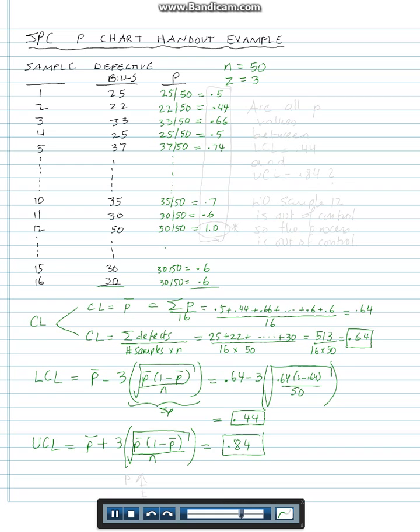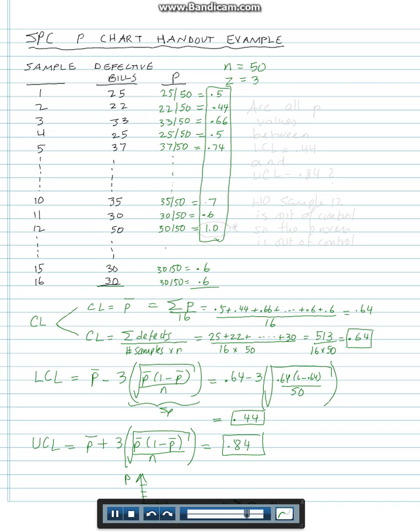Is this process in control or not? If we were to graph, on the x-axis we have 16 samples, so we will go from 1 through 16, and on the y-axis we have the P. We will draw CL, LCL, UCL of the P chart, and we will make sure that all the P's, all these values, lie between LCL and UCL.